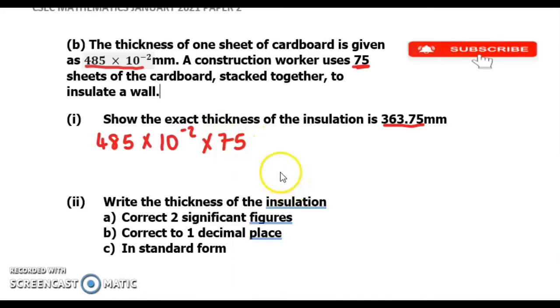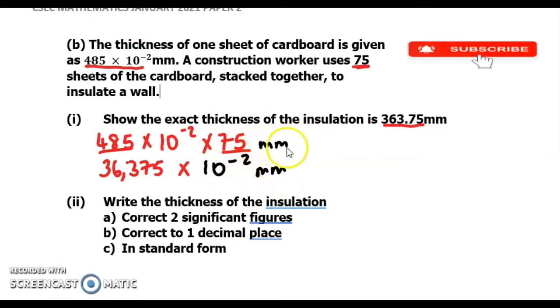So we're going to multiply the whole numbers, 75 and 485, and you're going to get 36,375. You're now going to have times, and you put back your 10 to the negative 2 here, and we know that is in millimeters.